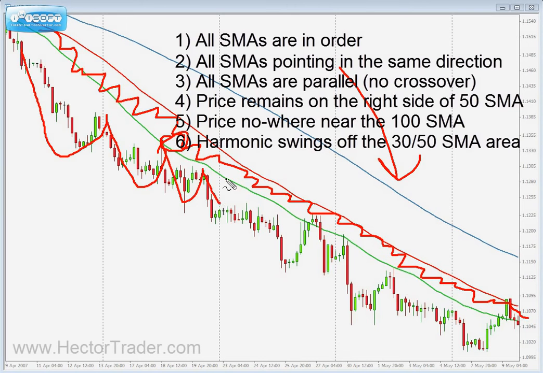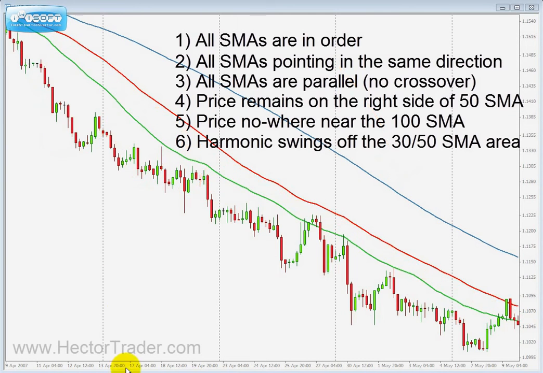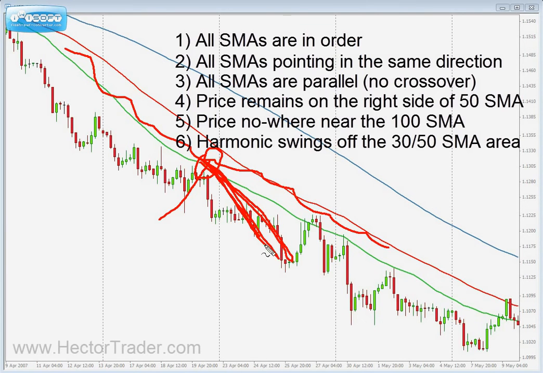I like, for example, price retracing back to this area. This dynamic area of resistance holds the price below, and from there a whole new swing takes off in the direction of the trend.